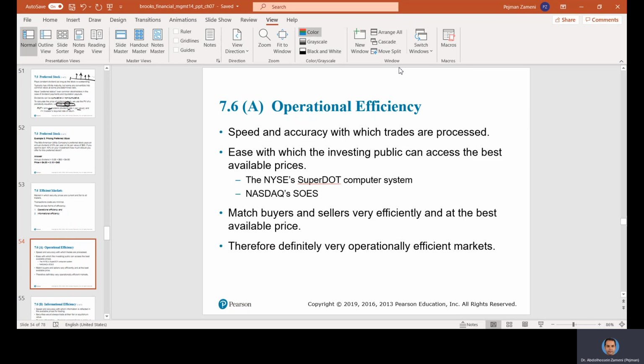It is also the ease with which the investing public can access the best available prices. The New York Stock Exchange supercomputer system or the Nasdaq's match buyers and sellers very efficiently and at the best available price. Therefore, these are definitely very operationally efficient markets.